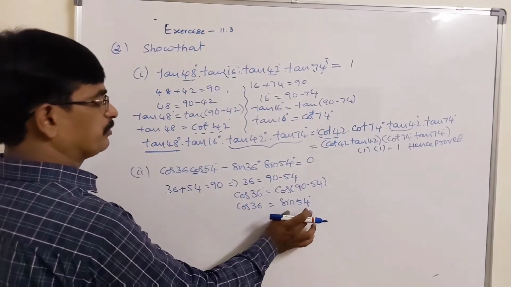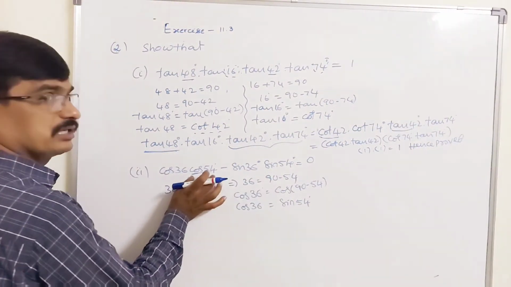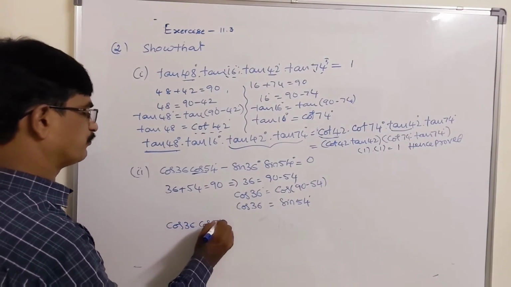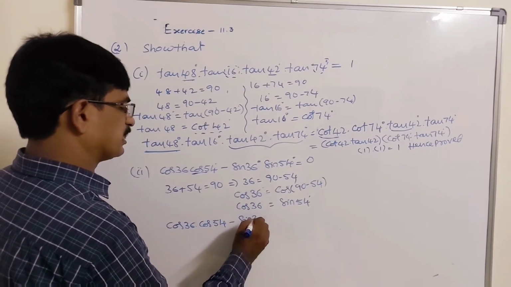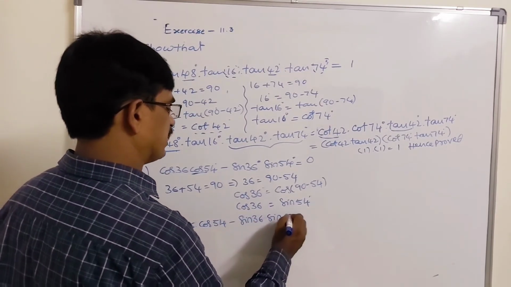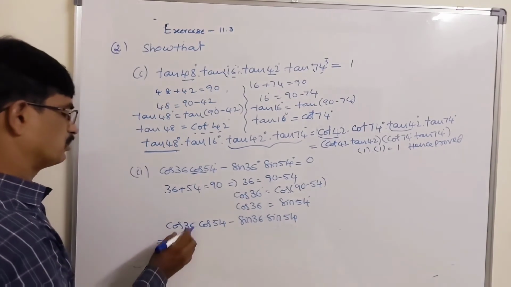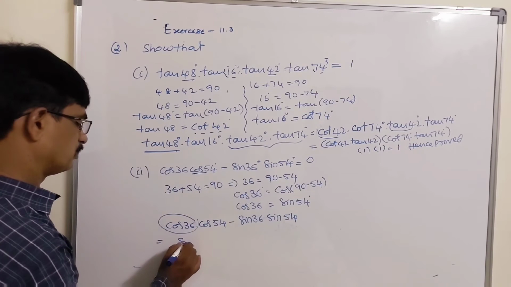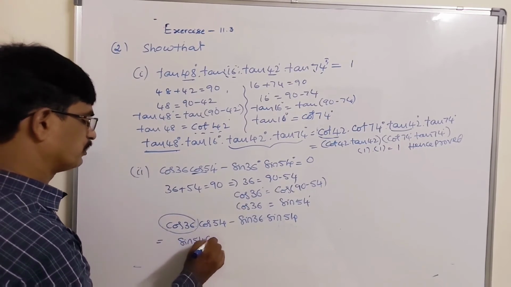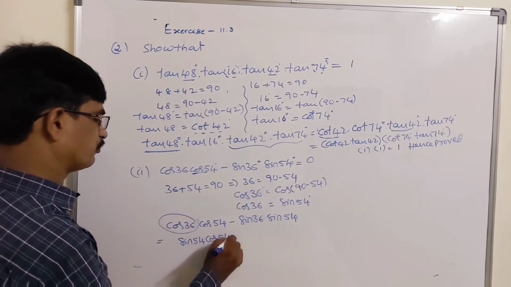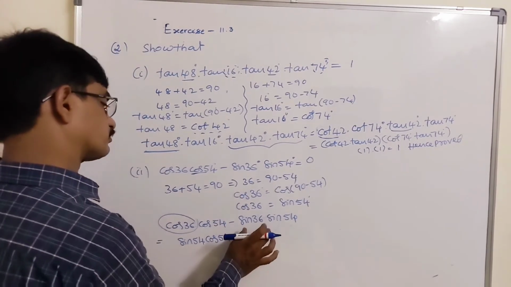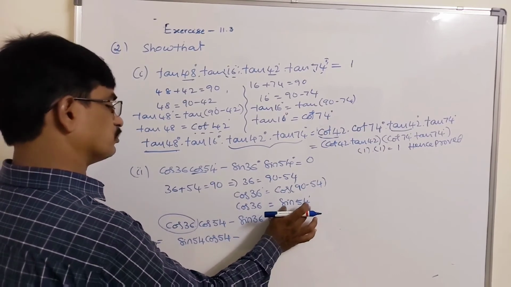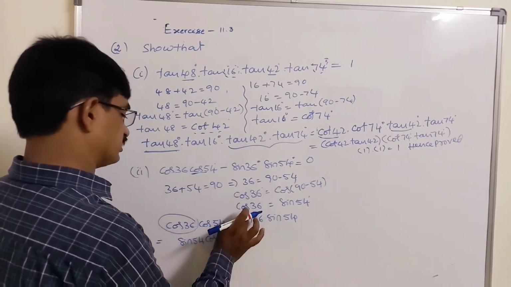Cos 54 can be replaced by sine 36. The expression is cos 36 cos 54 minus sine 36 into sine 54. Here cos 36 is replaced by sine 54 into cos 54 minus, here sine 54 is equal to cos 36.